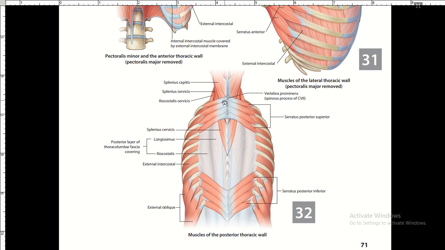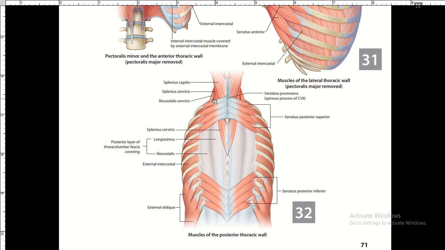What I just want you to take note of are their actions. The serratus posterior superior is responsible for elevation of the ribs. So it assists the elevation of the ribs during forced inspiration, assisting the external intercostal muscles, right? So it is a muscle of inspiration.